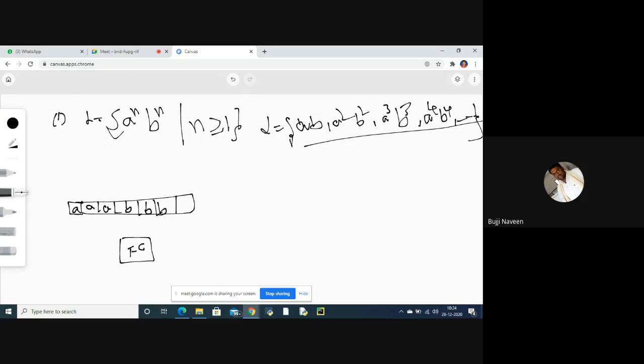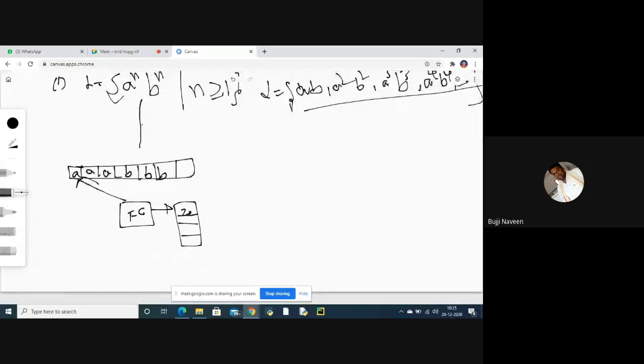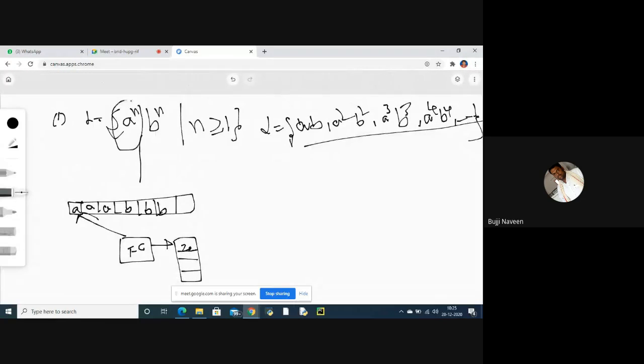Then the input tape and stack, and it is a stack symbol. So in the given grammar, we need to push a^n and we need to pop b^n.